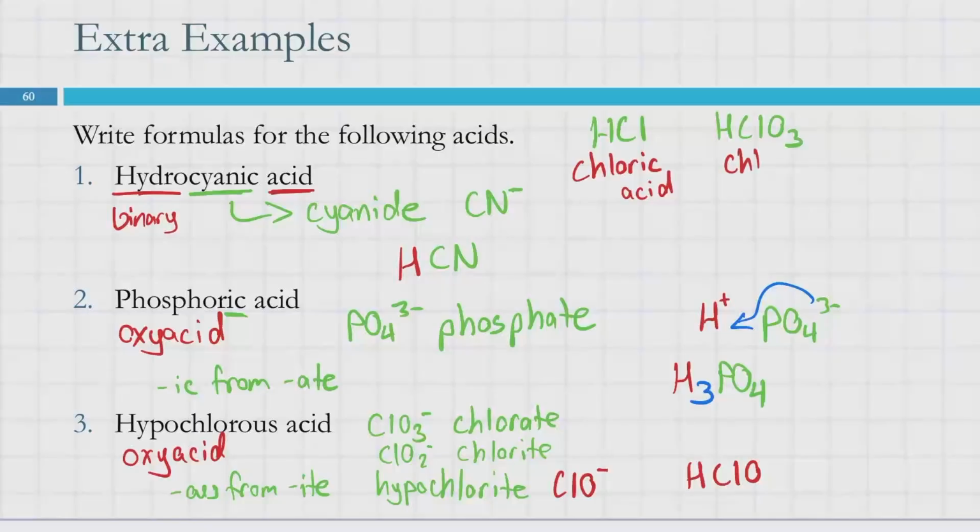How does the ending of chlorate change when we turn it into an acid? ATE turns to what? IC. So this would also be chloric acid. So if we don't have the hydro prefix, that makes it impossible to distinguish between these two. So that's one of the reasons we have that hydro prefix. It is important because otherwise it could be something else.